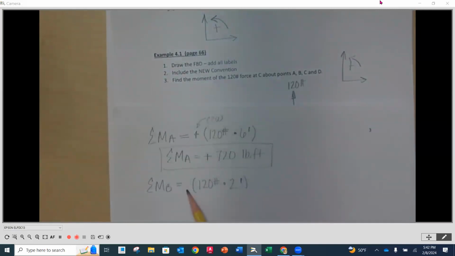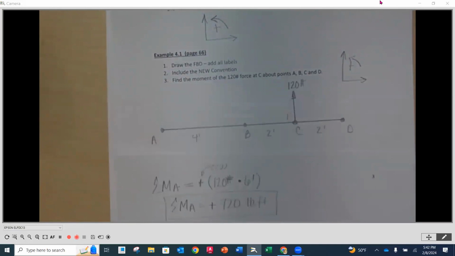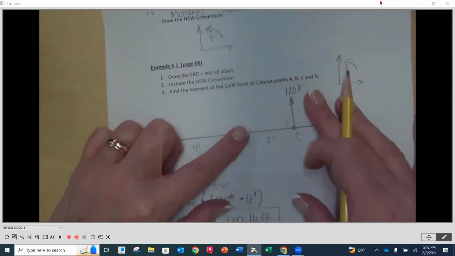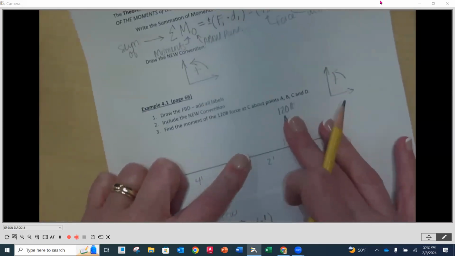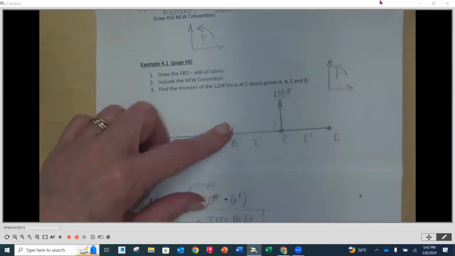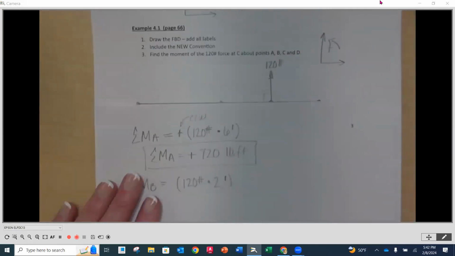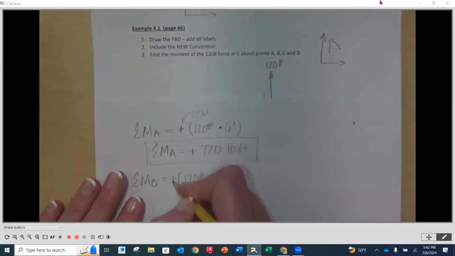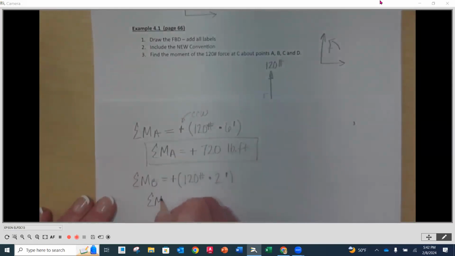Now out front, I need to show a sign. The sign is going to be related to the direction of rotation. So it's going to be counterclockwise again. I'm up against my camera up there, so I can't always rotate. So I'm going to put positive out front. So the summation of the moments around B is going to be equal to 240 pound feet, and put a plus outside. You can do a positive assumed, that's totally fine too. But know, that means something, okay?